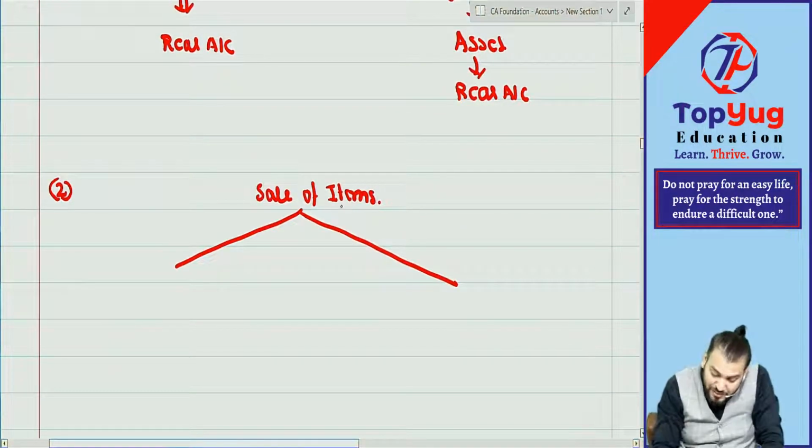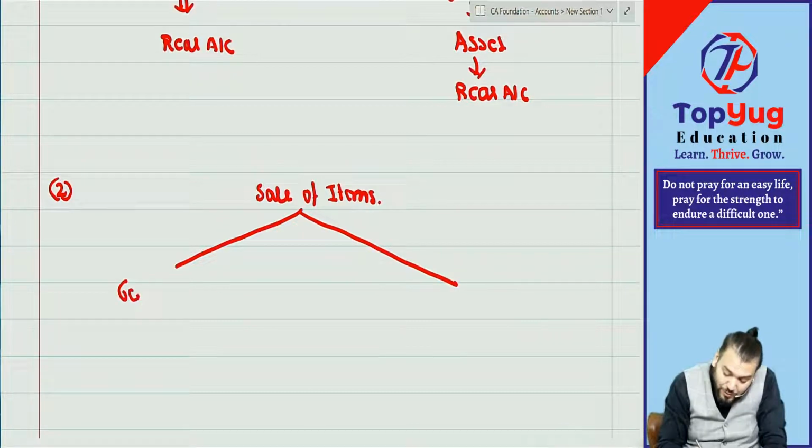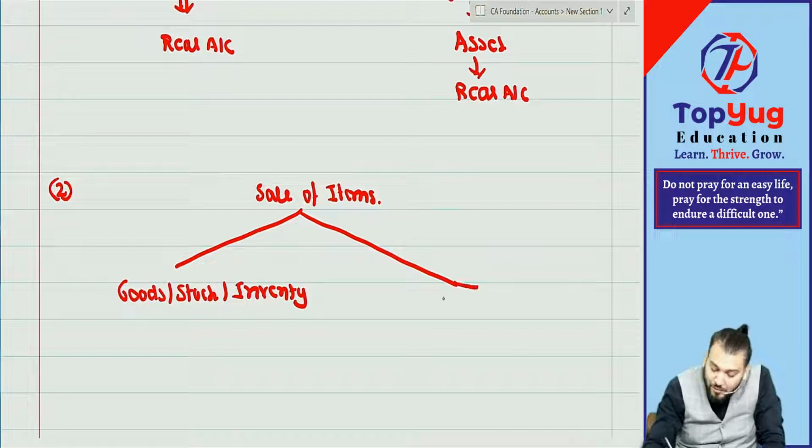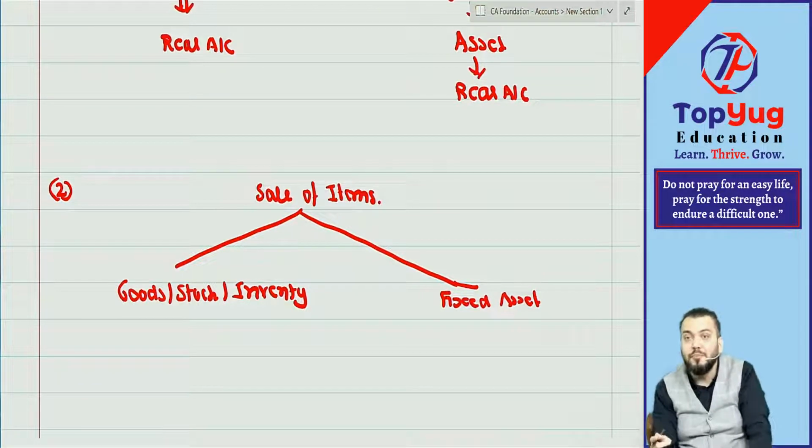If you are selling, this item is goods or stock or inventory. Means you can sell your inventory or you may sell what? Your fixed asset.